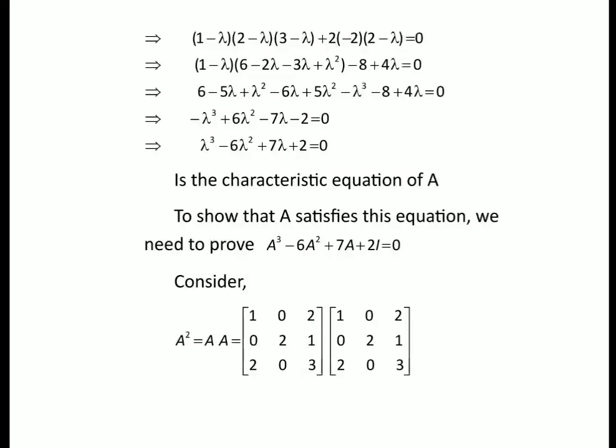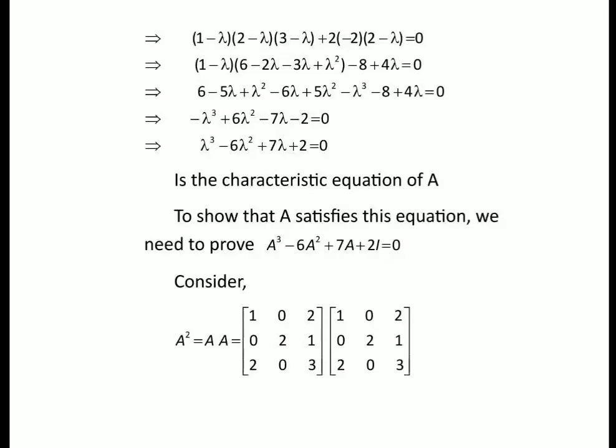To show that A satisfies this equation, we need to prove A cube minus 6A square plus 7A plus 2I is equal to O. First you have to find A square, that is A into A. I hope all of you know how to find this matrix multiplication. In the last slide I told you: first row with first column, first row with second column, first row with third column, like this.